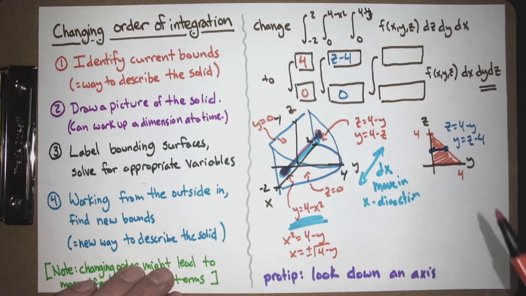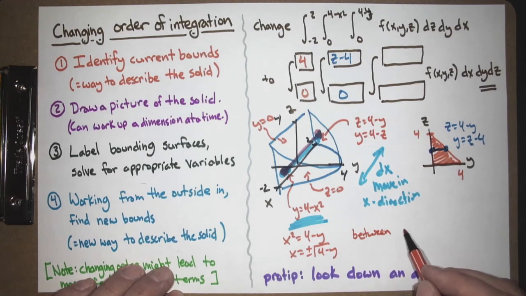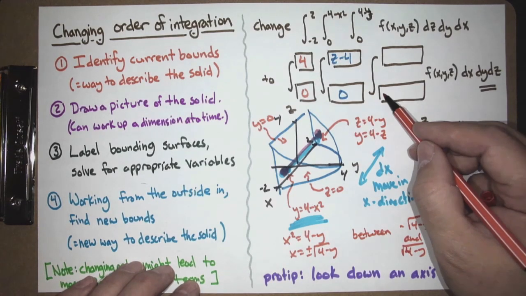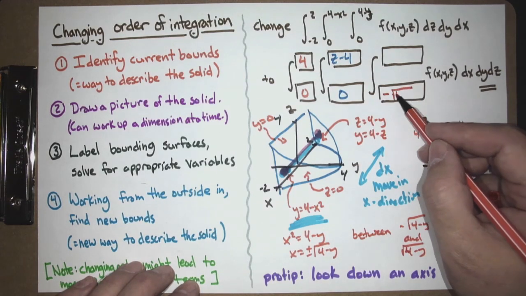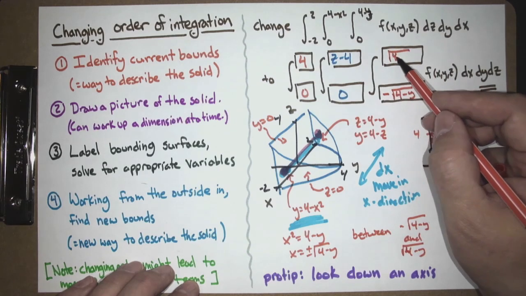So x goes between minus square root of 4 minus y and positive square root of 4 minus y. Which one goes in the first slot, the bottom slot? Negative. You always go from low value to high value. So negative square root of 4 minus y to positive square root of 4 minus y.